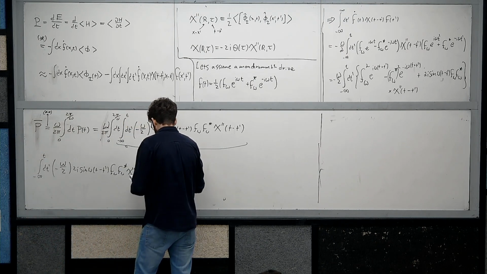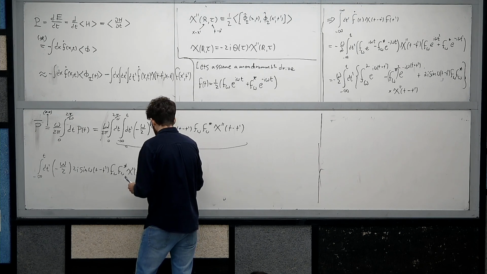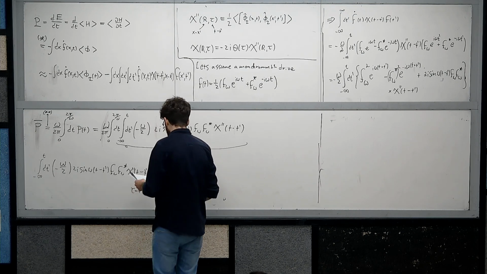This is an integral from 0 to infinity d tau sine of omega tau. Here we have minus omega over 2.